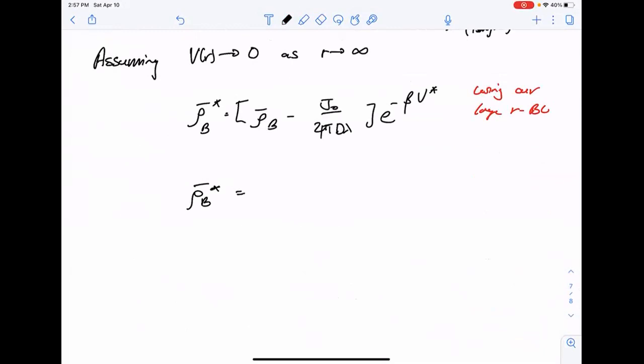This gives us that the concentration at this inner boundary R star is given by 1 minus the rate constant K over 4 pi D lambda, times the bulk concentration of B, and e to the minus beta V at R star.